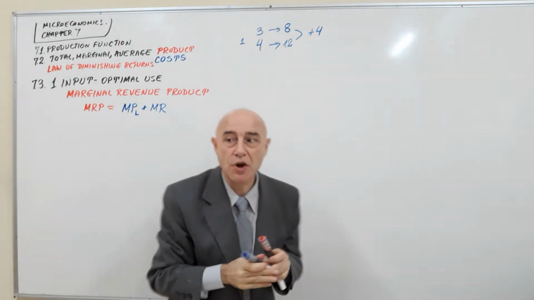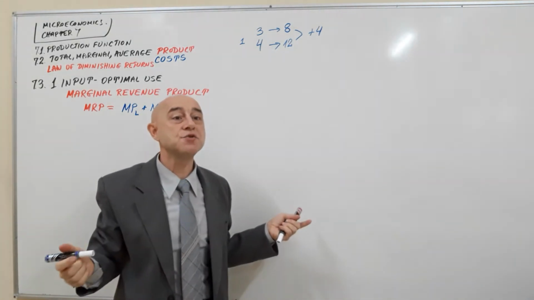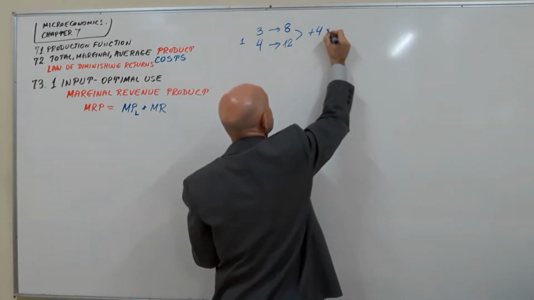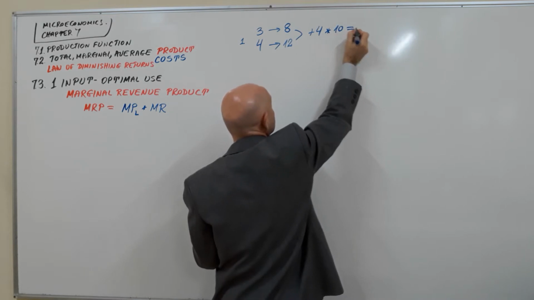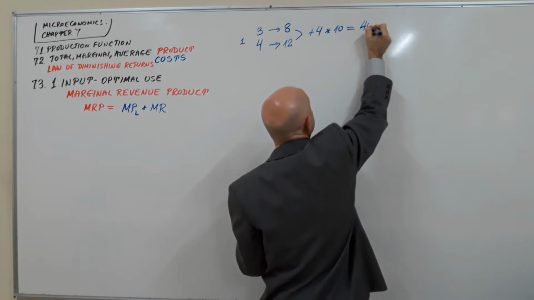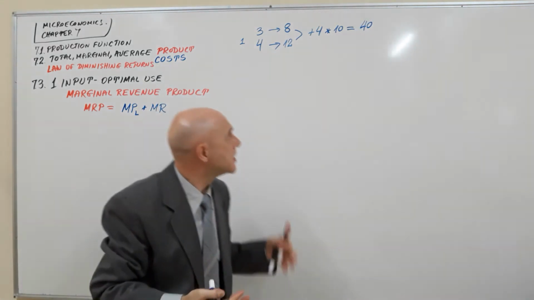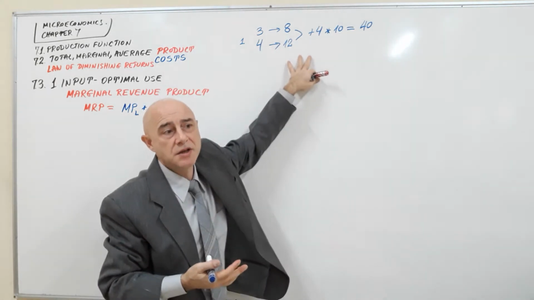The marginal product is 4. And if you sell each product at a price of, let's say, 10, which is the marginal revenue, it becomes 40. So that's, again, remarkably simple.